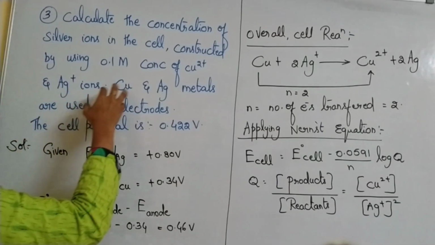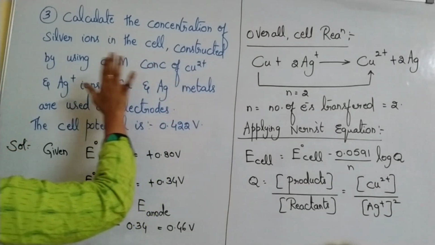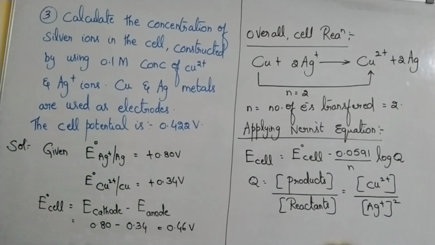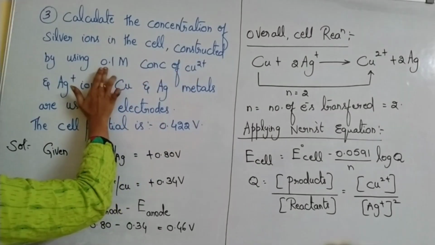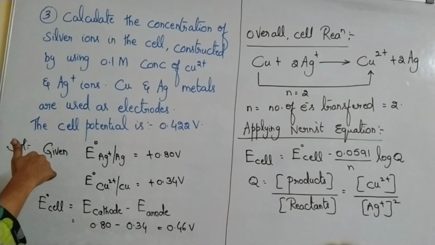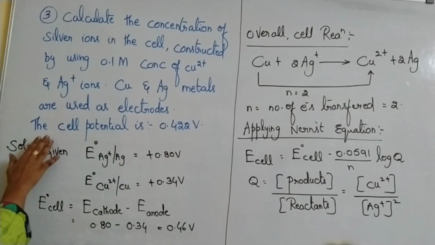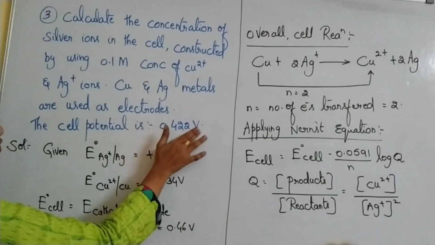What is given? 0.1 M concentration of Cu2+ ions and Ag+ ions. The concentration of Cu2+ ions is given as 0.1 M, and we are asked to find the concentration of Ag+ ions. Cu and Ag metals are used as electrodes and the cell potential is given as 0.422 volts.